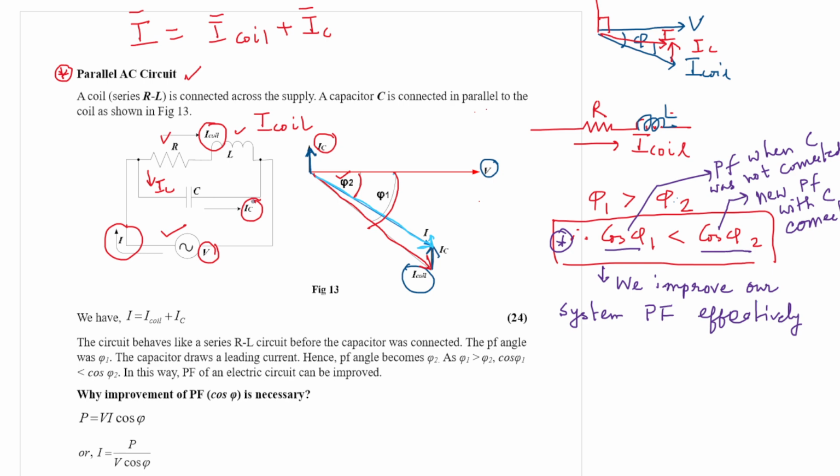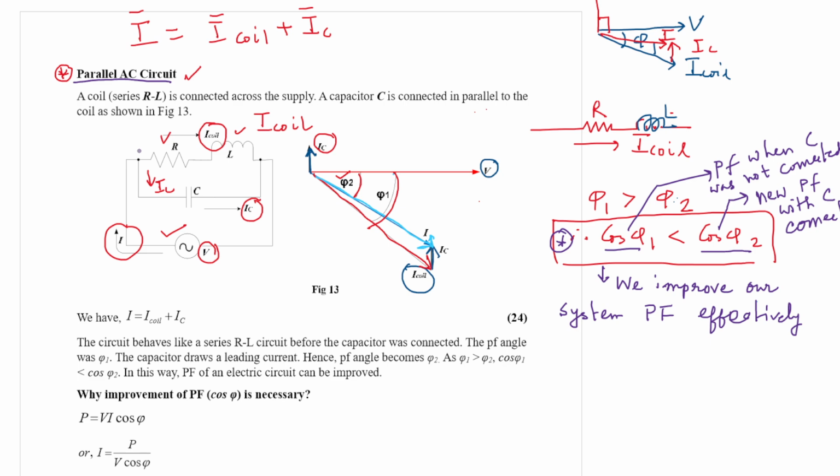So the conclusion we can draw is that if we add a capacitor in parallel to the coil, we can effectively improve our power factor. That is a very important fact, and it is one of the characteristics of parallel AC circuits.